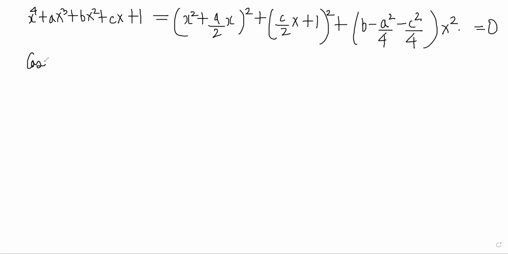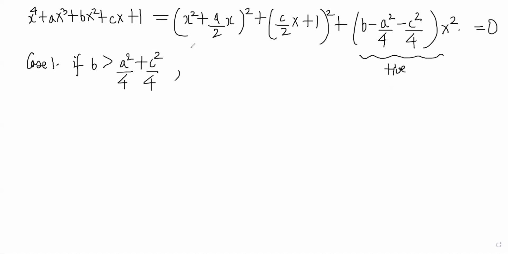So case 1 that we can think of is if b is greater than a^2/4 + c^2/4. If that is so, then the last term is also positive, and these terms are anyway positive. So the sum of three positive things cannot be 0.